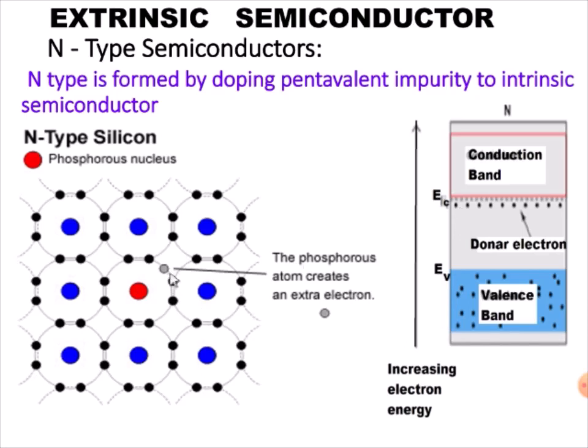These donor electrons have an energy level much higher than the other electrons and close to, but below, the conduction band. This makes conduction easier: with slight energy from some external agent, conduction can be achieved in the n-type semiconductor.